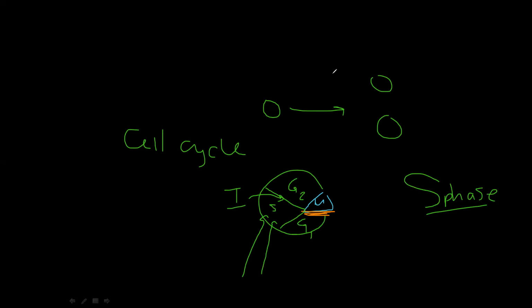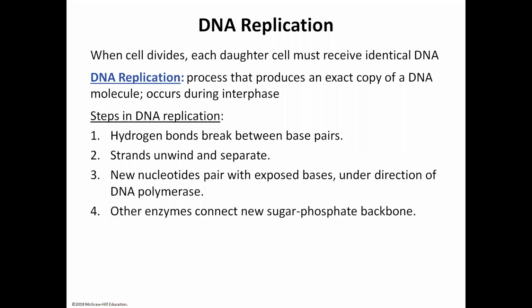You're starting off with one piece of DNA for that one cell, and we have to copy it to make two. So DNA replication is going to be happening when the cell divides. Each daughter cell receives identical pieces of DNA, so we produce the exact same copy of DNA. Again, this occurs in the S phase of interphase.